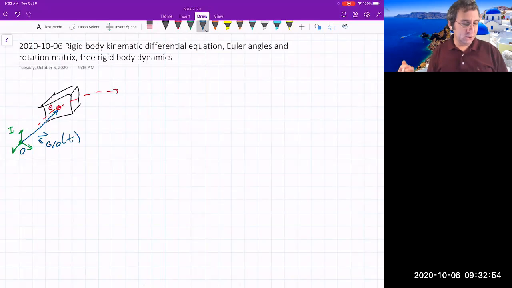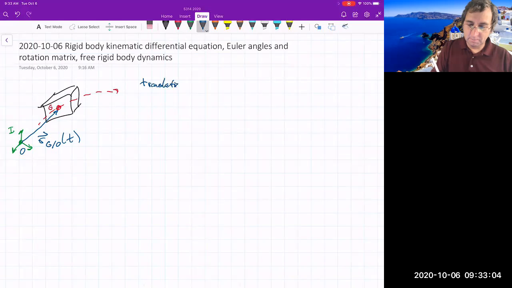That would be the translational dynamics. So if we use the usual Cartesian coordinates, the translational kinematic differential equation would be x dot, y dot, z dot.